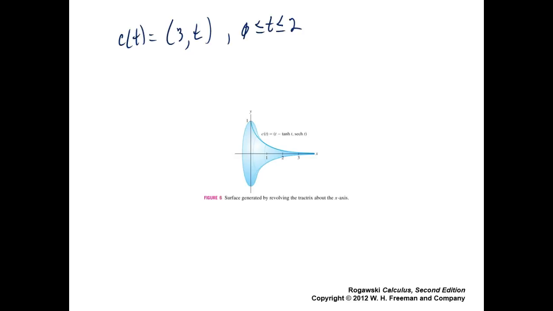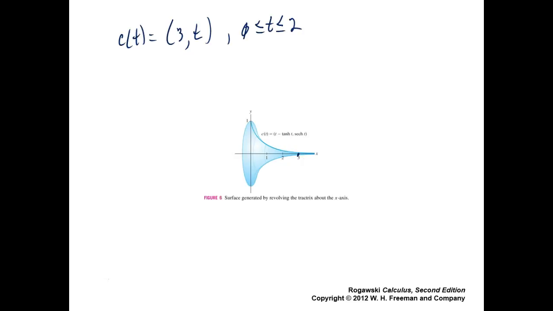It might be useful to try to draw that in here. Okay. 0 less than t less than 2. So where are we at t equals 0? 3, 0, right?